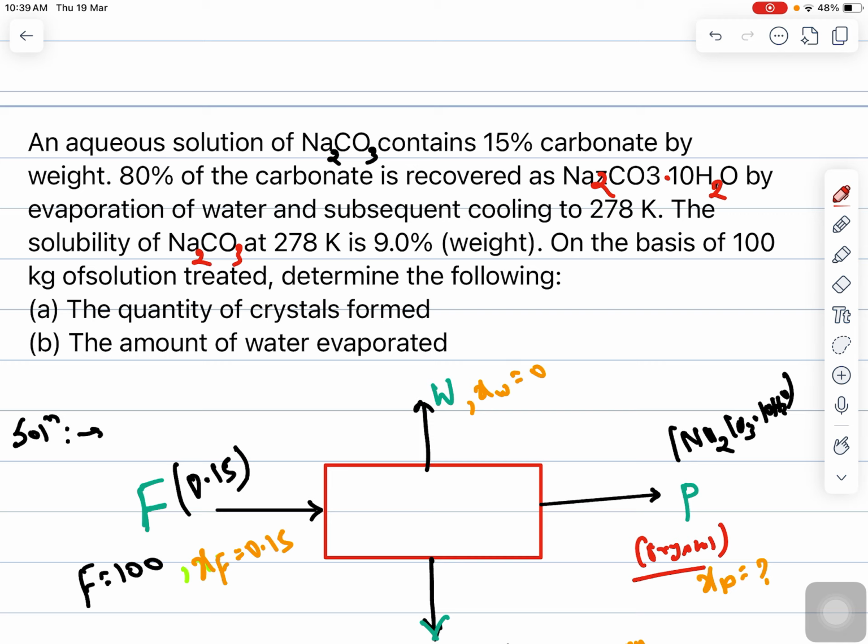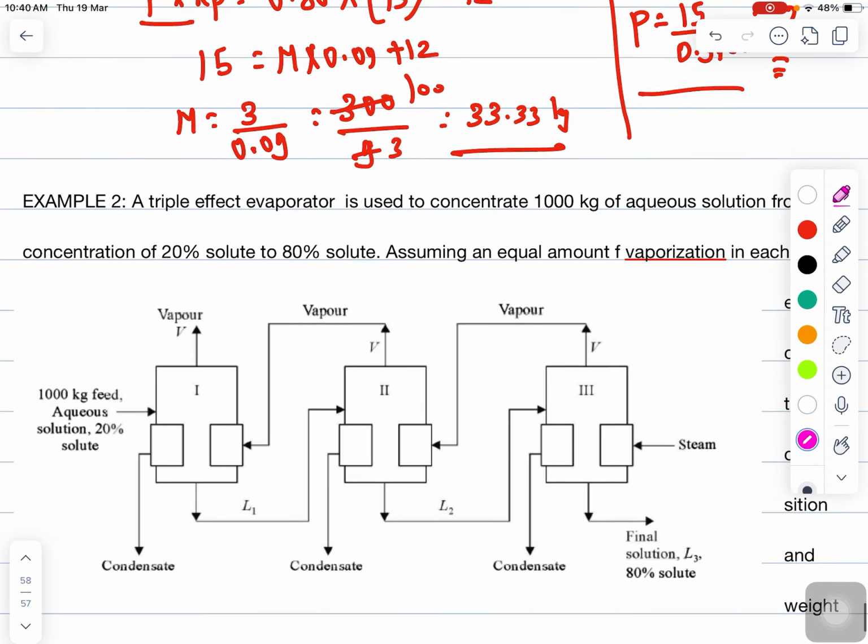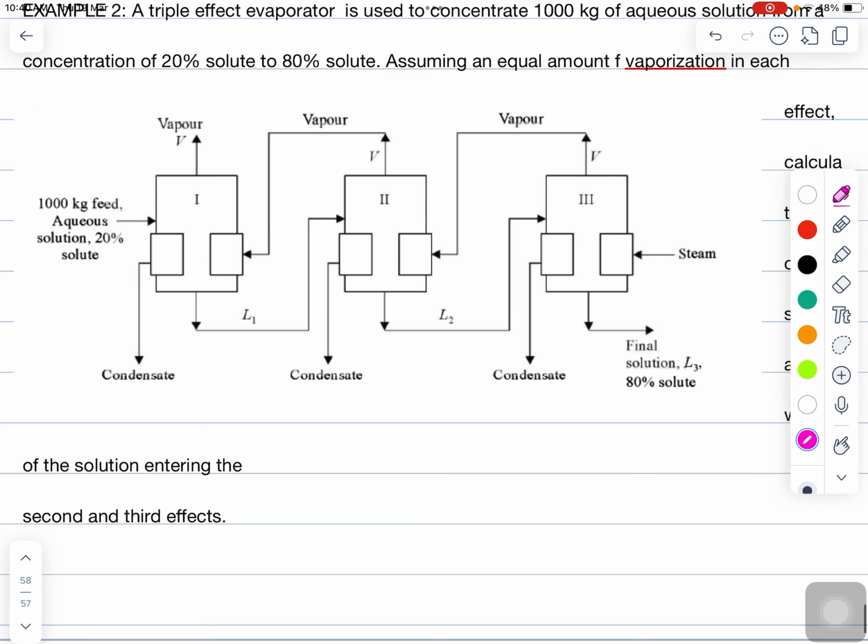So you have to jot down these things, and definitely you will get some kind of clue. Here you have seen that 80% of the carbonate is recovered as sodium carbonate decahydrate, right? This is a very important point. If you are not able to recognize these things, it will create some problems. That's why you have to understand these things. Is that clear? Okay, great.